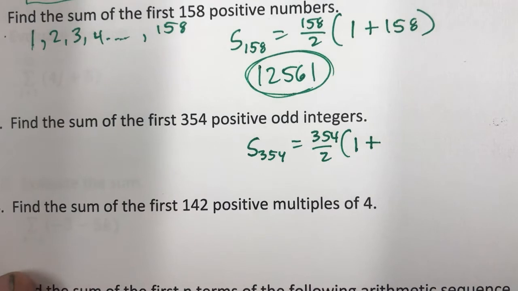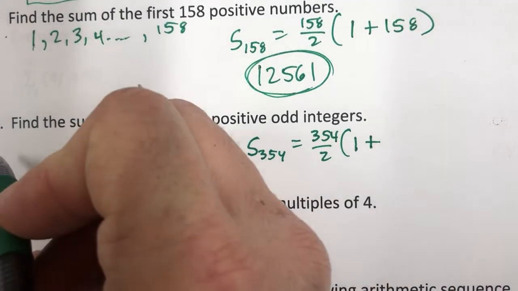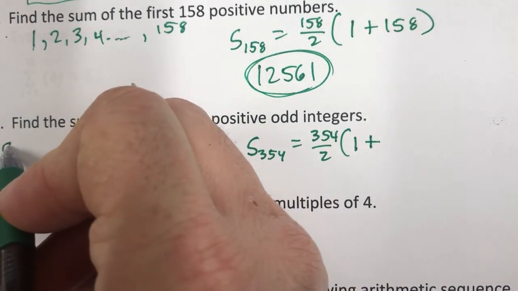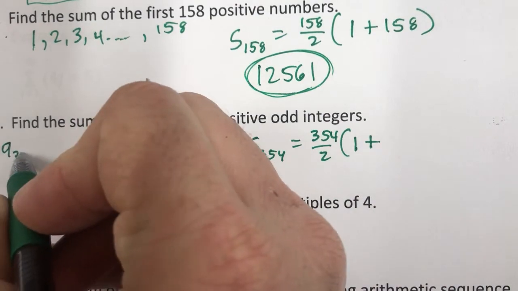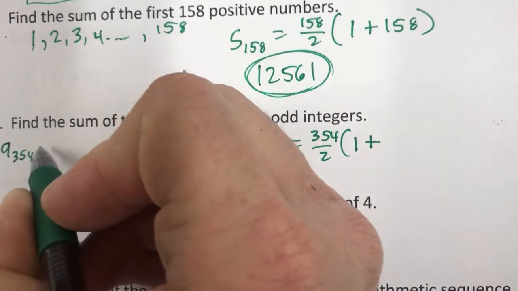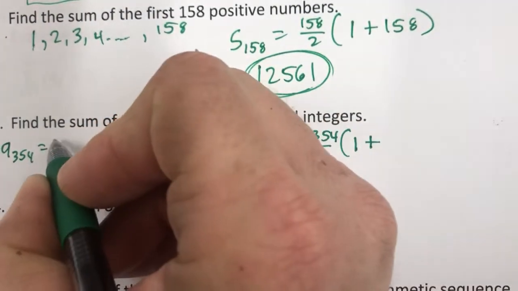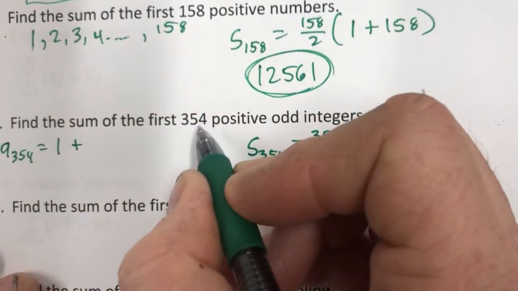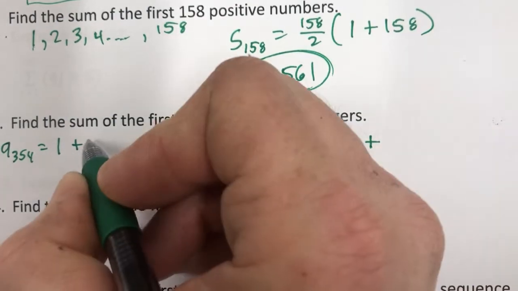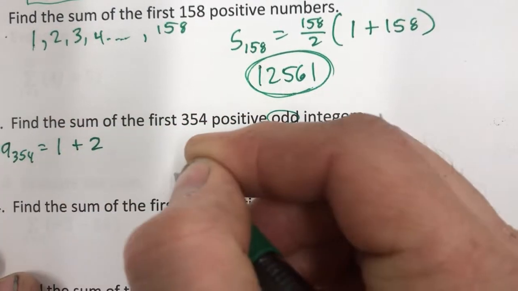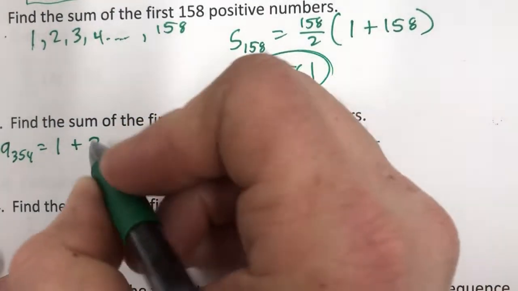So let's come over here and find a sub 354. We'll find the 354th term. All right, that's going to be the first term, which is 1, plus my d. Well, these odd integers go up by 2 each time. See, 1, 3, 5, 7, 9, they go up by 2 every time.